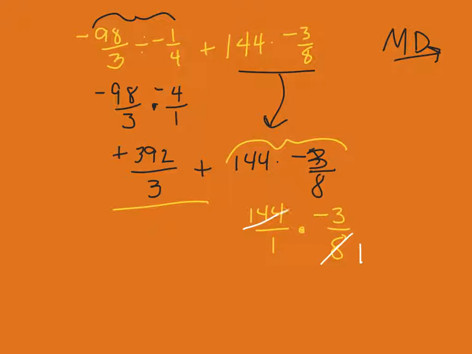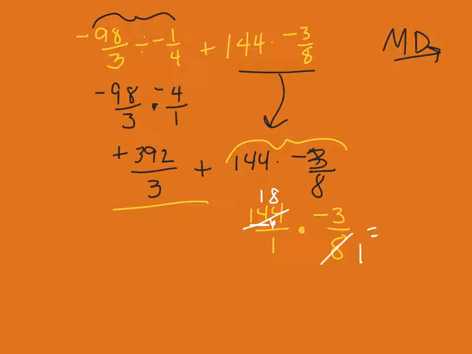And just to clear it up for you here, 8 goes into 14, this 14 right here, once, with 6 left over, and 8 goes into 64 8 times. So that becomes 18. And then I keep the top with the top and the bottom with the bottom.